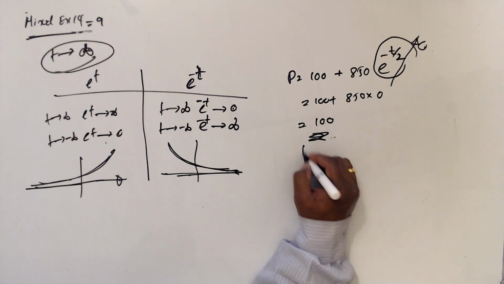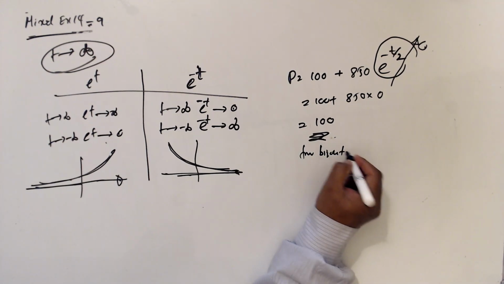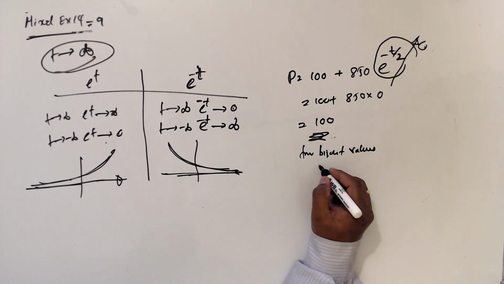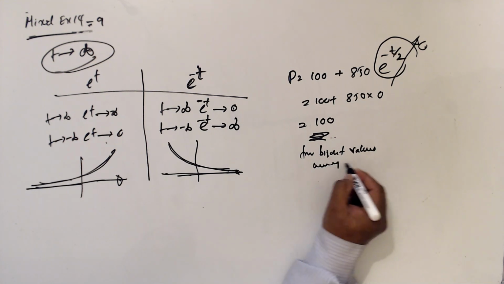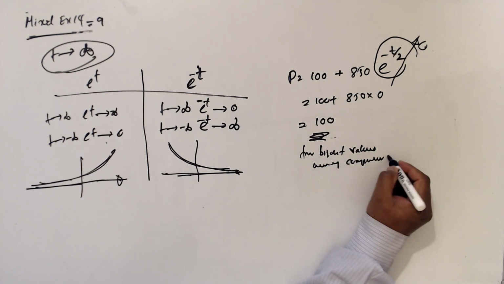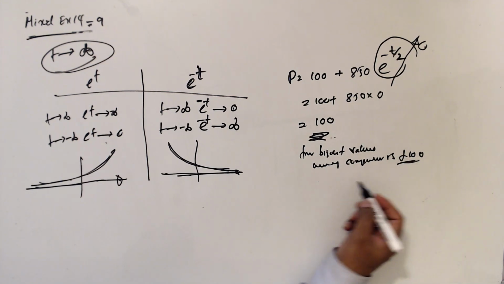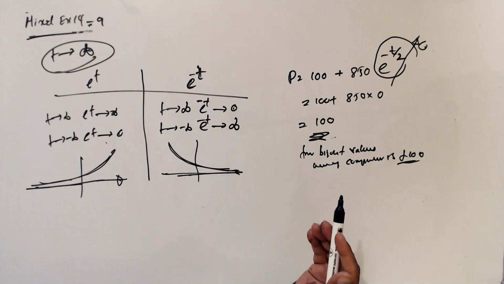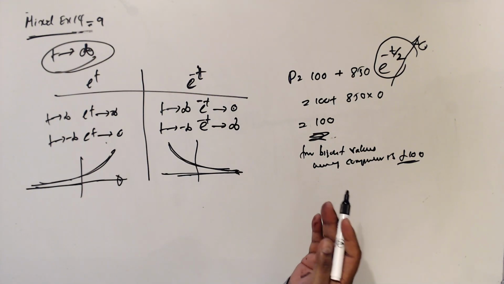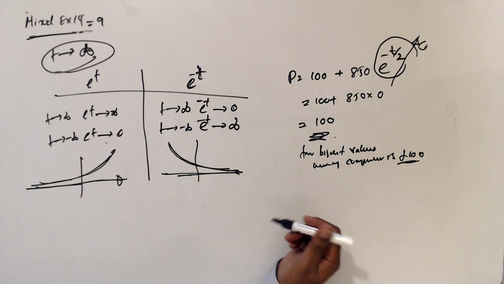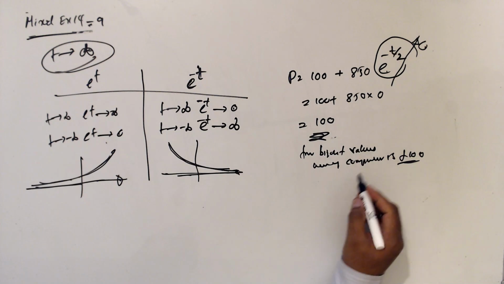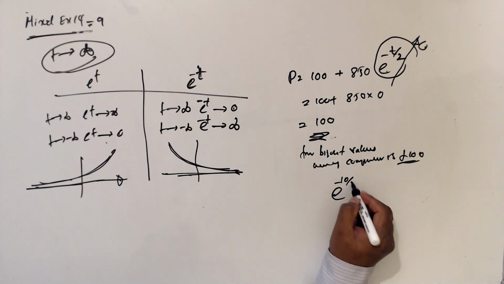So for bigger t value, the worth of the computer is 100 pounds. It means it is not going to exist for infinite time, but after a considerably big amount, around 10, 15 years. But even when we put 10 or 15 years, what is e to the power minus, let's say, 10 over 2?